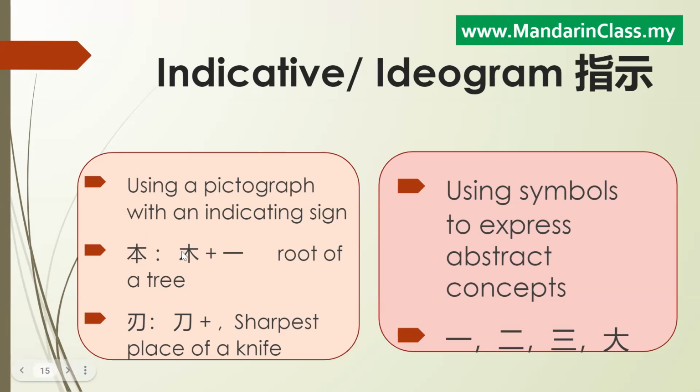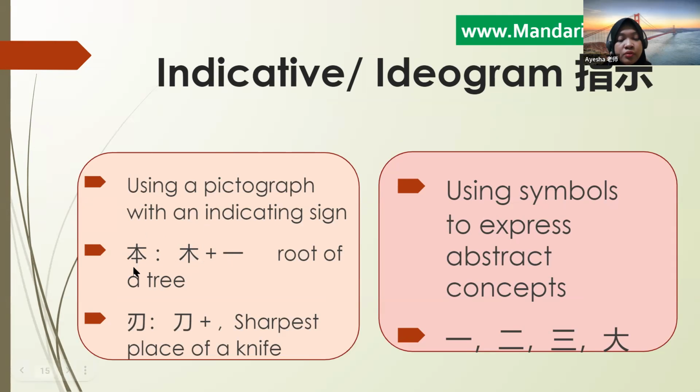We just looked at it just now. Mu, 很好. So mu, when you add a horizontal line and then it looks like this, it refers to the root of a tree. And on top of that, not only the meaning changes, but the pronunciation changes as well. From mu, now it becomes ben, okay, ben. So even the pronunciation changes. So that's why the characters are important for you.